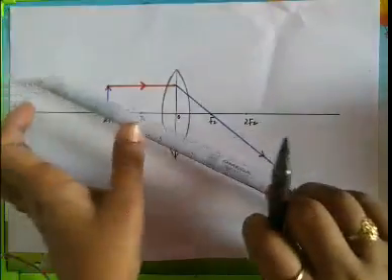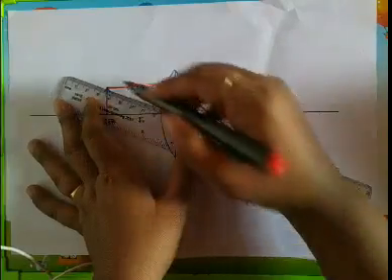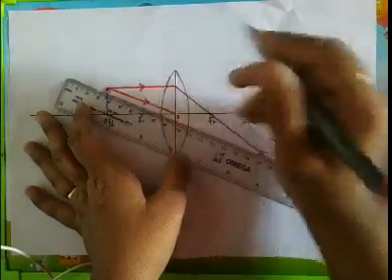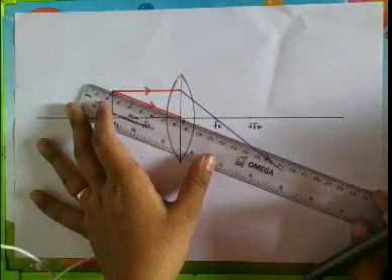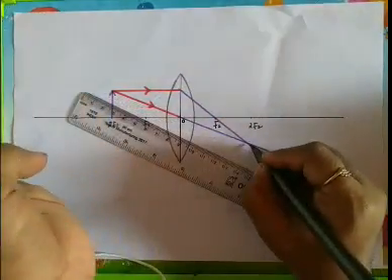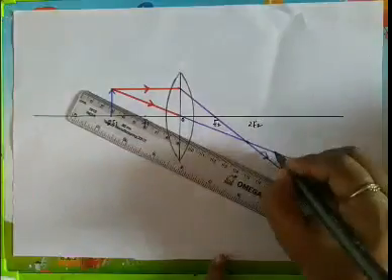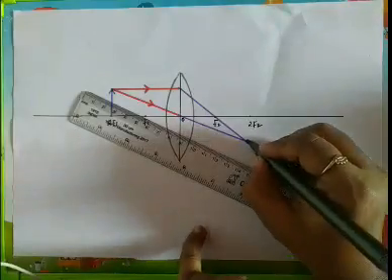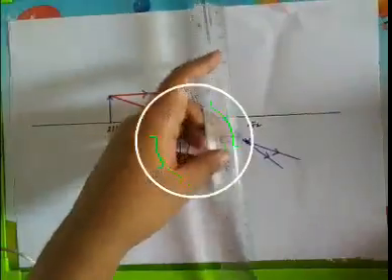Now the second rule, if an incident ray is falling on optical center, towards the optical center, then no refraction will take place and light will pass through the lens without bending. Here. Okay, so this is the point of intersection of the refracted rays, and this is where the image will form.